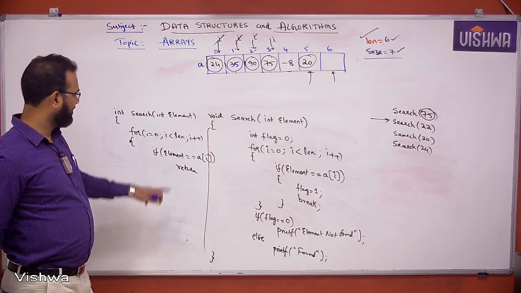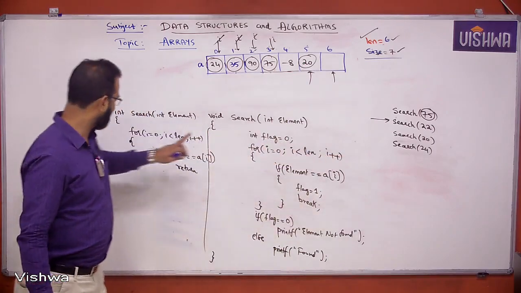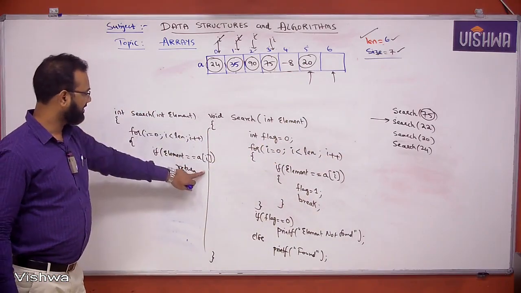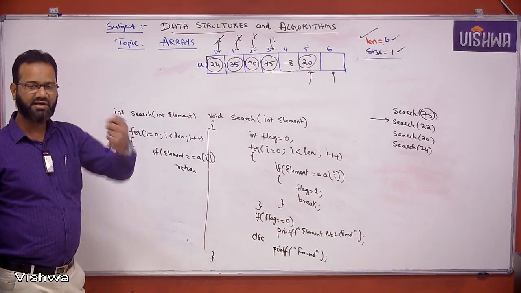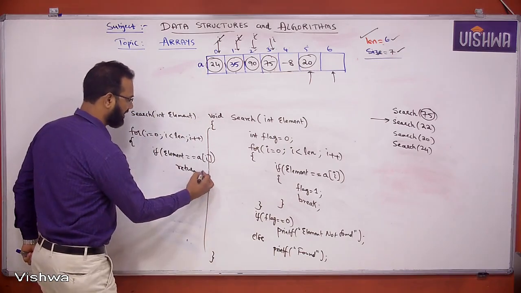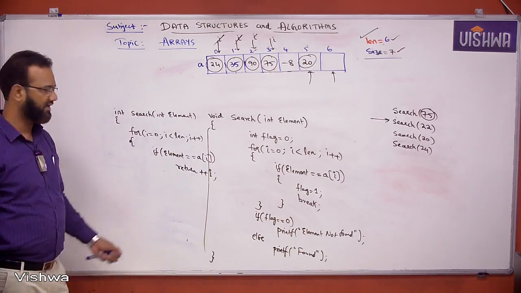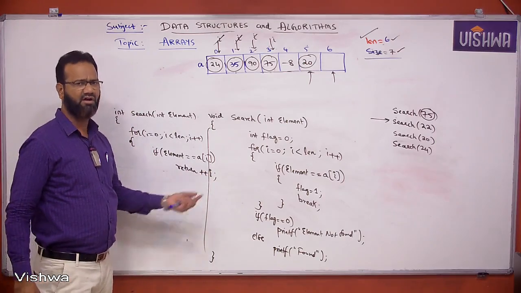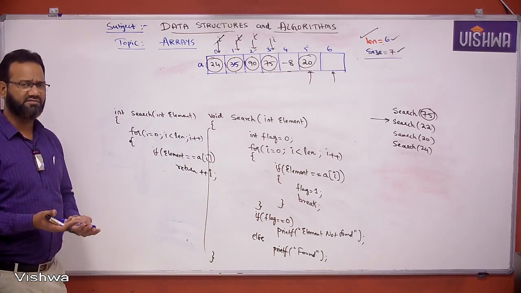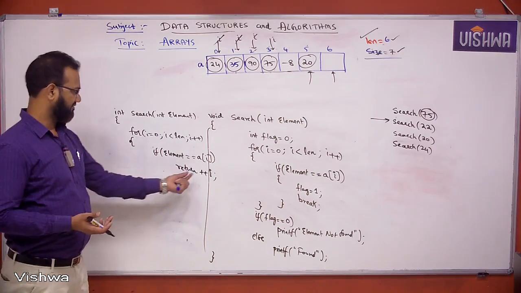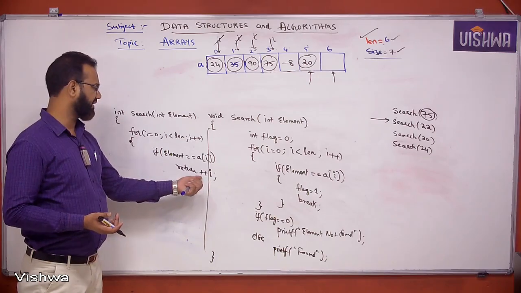Say for example, 24 I am searching. What is the index? 0. Return what? Position is 1. Index is 0. So what should I do? I'll increment the value of i first, then I'll return it. That's why I'm using pre-increment over here. Or I can say return i plus 1 also. One value is to be added, or I can use pre-increment.